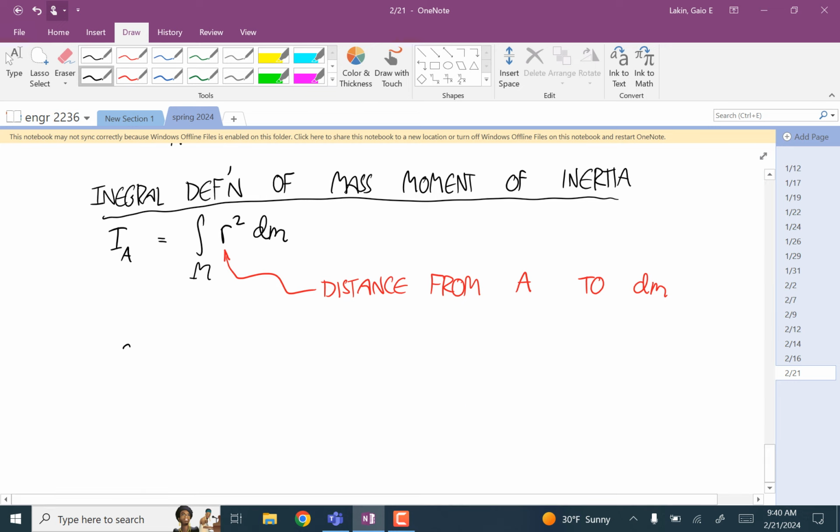The SI units of mass moment of inertia, you can always get the units from the definition. So this has units of kilograms, the mass. This has units of meters. So this is kilogram meters squared.